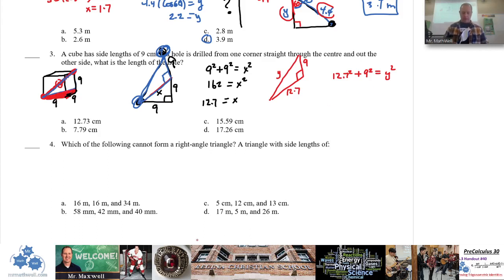So 12.7 squared is about 162 plus 81 equals y squared. Y is the square root. We take the square root of both sides. What's 162 plus 81? It's 243. The square root of 243 is 15.59.